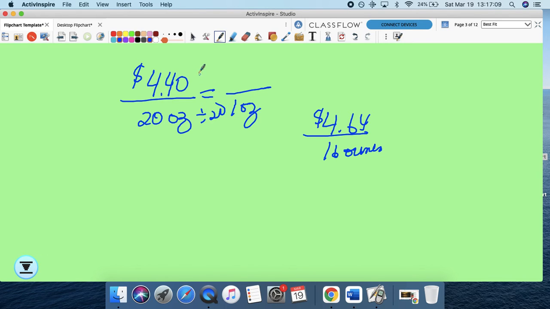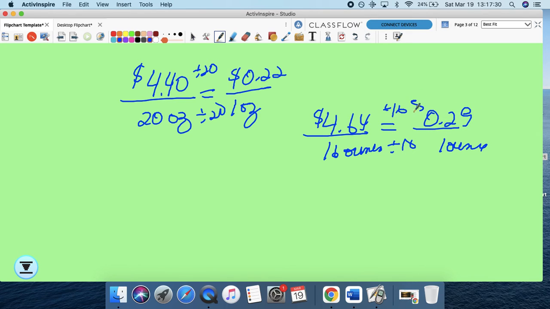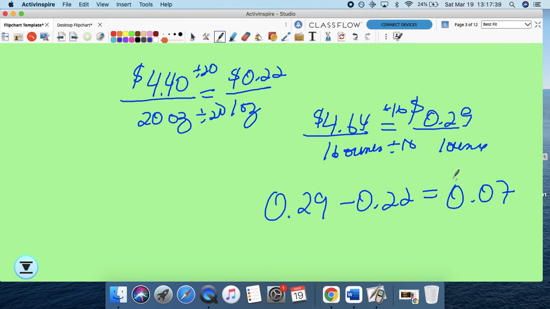Divide by 20, and 1 ounce is 0.22 dollars here. In this one, we divide by 16: 4.64 divided by 16 equals 29 cents per ounce, more expensive. And it says by how much? If you subtract, this one is more expensive because it's 7 cents more. Don't forget that part.